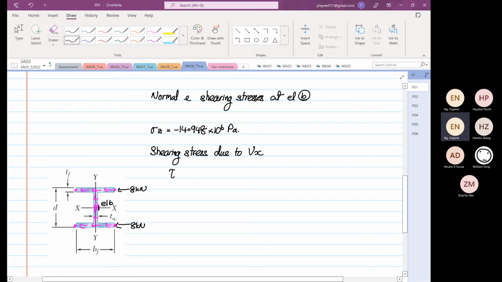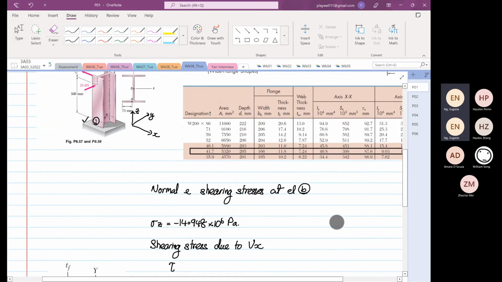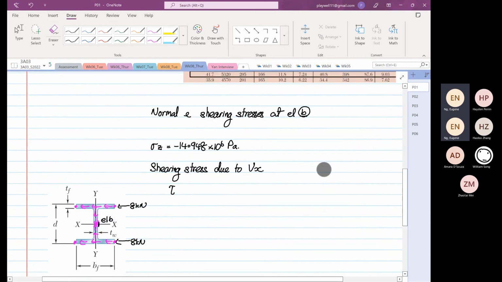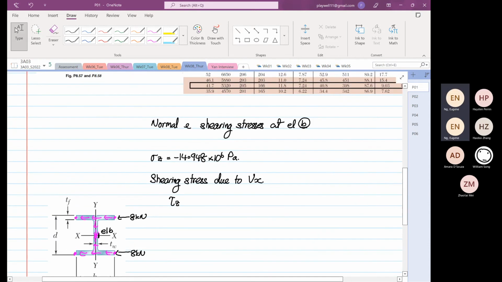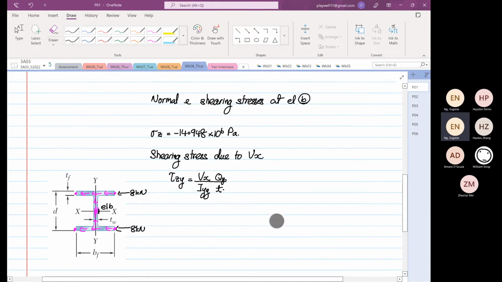Shear stress on the intersecting plane, last on Tuesday we talked about, is in the Z, and the shear is in the Y direction, is equal to Vx over Iyy times Qy over t, right?